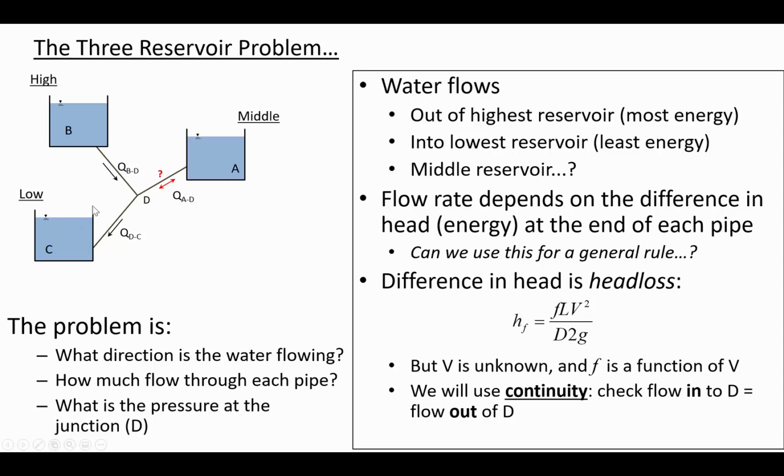And so here at this junction D, you can't have more water flowing into the junction than flows out of the junction if there's no capacity for storage. And junction D is not a storage tank, it's just a spot where three pipes are coming together, and it's full of water, and so a certain amount of water that comes into the junction has to be going out. So we're going to be doing a continuity check to see if our guess of the flow rates honors this requirement that flow in equals flow out at the junction. So that's going to be a part of our spreadsheet process.